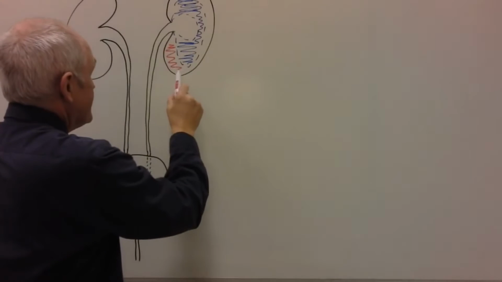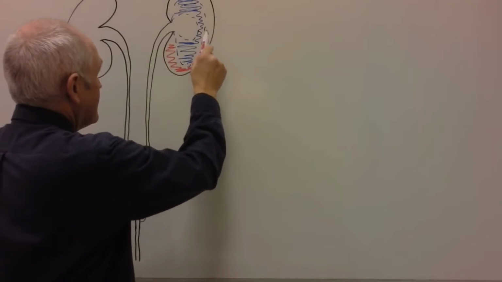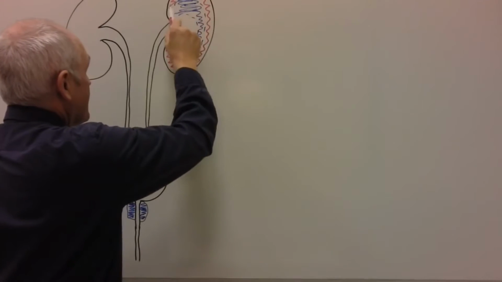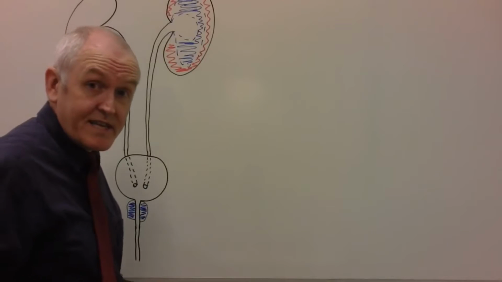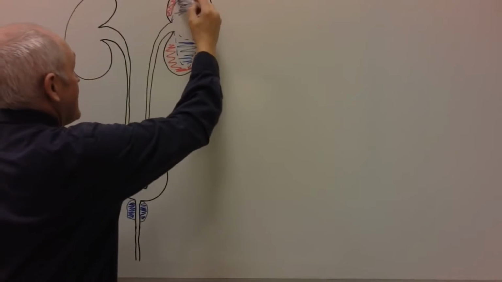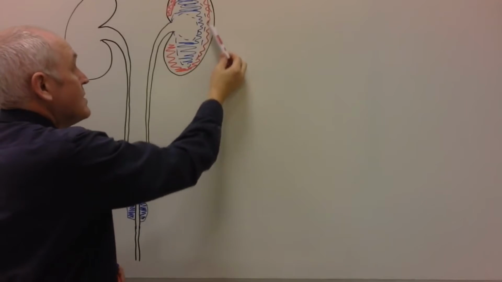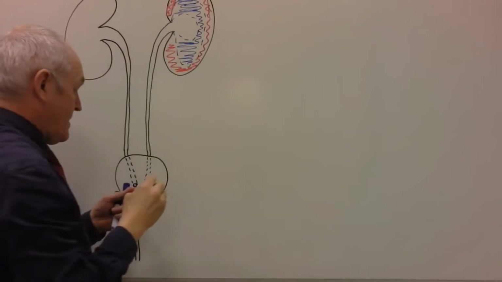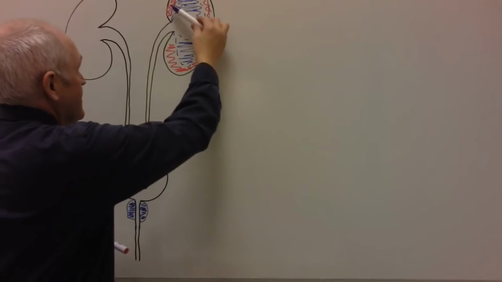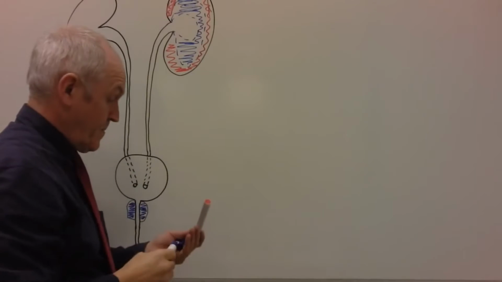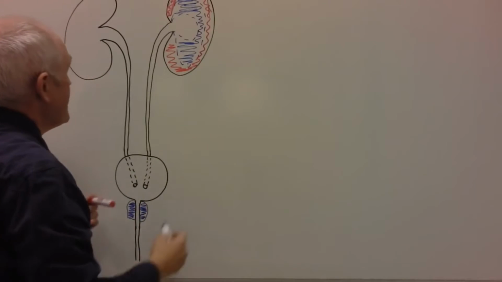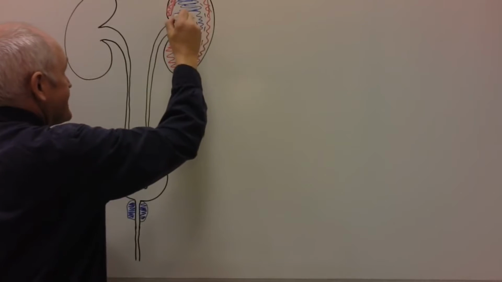The cortex in this area here. And because this is to do with the kidneys, everything is described as renal. So this would be the renal cortex. This would be the renal medulla. And in the middle here, there's an area where the urine collects.